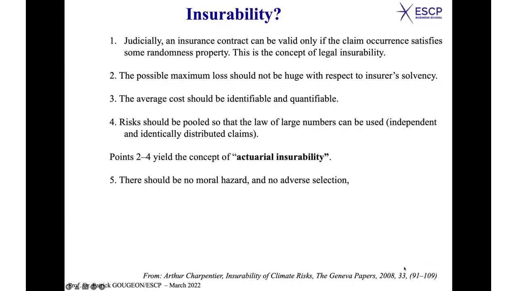And there should be no adverse selection. Normally, you should be familiar with the concept of adverse selection because you have it in banking also. Adverse selection is when you end up with all the bad customers and the good ones are not coming to you. Bankers have it for credit risk, for instance.